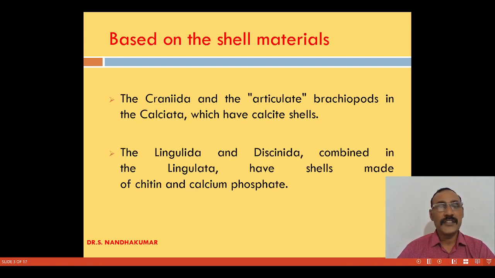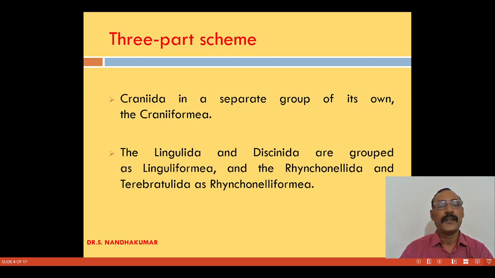The inarticulates also range from the lower Cambrian to recent. Classification is based on shell material. Brachiopod shells are made up of calcite, and sometimes of chitin and calcium phosphate. Based on shell material, we classify them into groups. Craniids and the articulate brachiopods are in the Calciata, which have calcite shells. Lingulida and Discinida are combined in the Lingulata, with shells made up of chitin and calcium phosphate. In the three-part scheme, the craniids are a separate group of their own, the Craniformea; the Lingulida and Discinida are grouped as Linguliformea; and the Rhynchonellida and Terebratulida as Rhynchonelliformea.